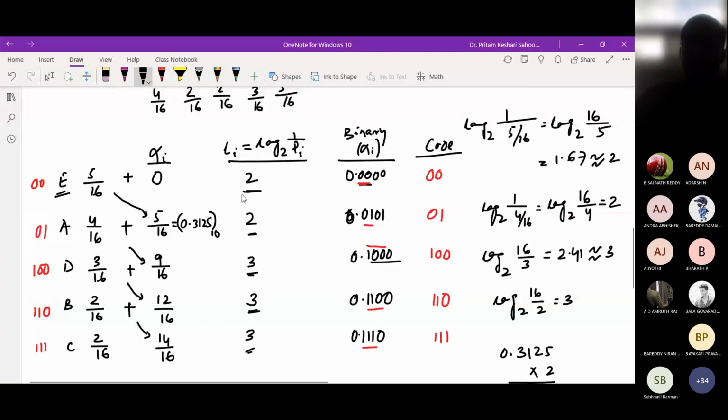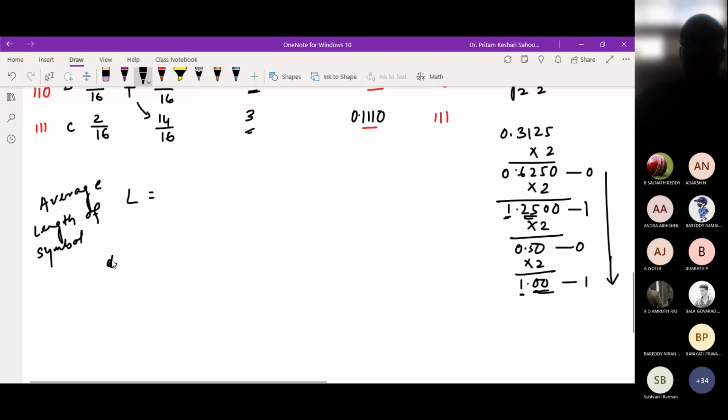For example, in this table of small l, you can see l1 is equal to 2, that means the code has length 2. l2 is equal to 2, so the code has length 2. l3 is equal to 3, so the code has length 3. Got my point? So how can we calculate L? That is the summation of i equal to 1 to 5 of pi into small li.